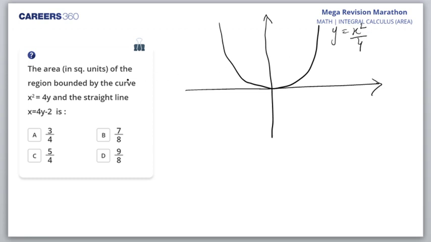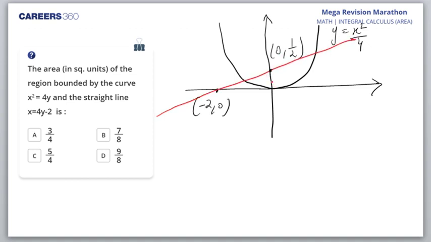And the line is x equal to 4y minus 2. Its x-intercept is minus 2, and the y-intercept would be half, by substituting x is equal to 0, I get the value of y. So this is the line which I'll get.